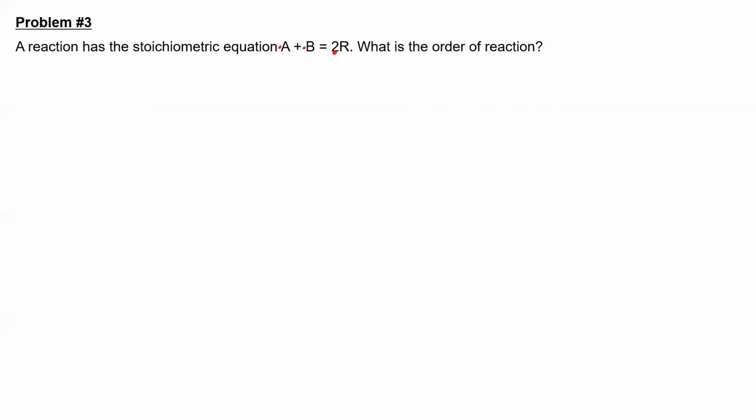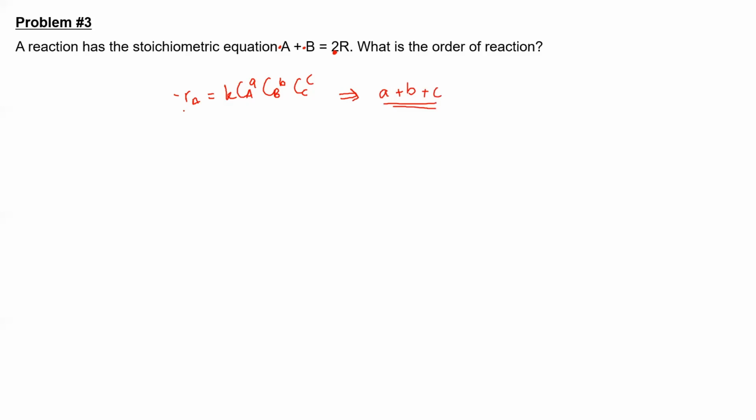So if you recall from your slides, it's slide number 26, or slide number 23 in the PDF you have. If I have a reaction rate minus RA is equal to K, CA to the a, CB to the b, CC to the c, my order of reaction is just equal to a plus b plus c, right?